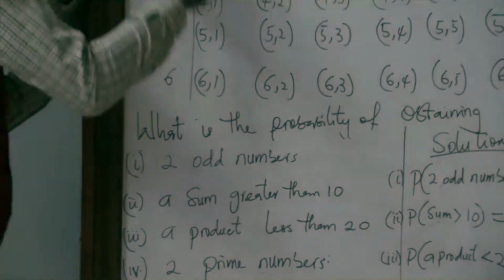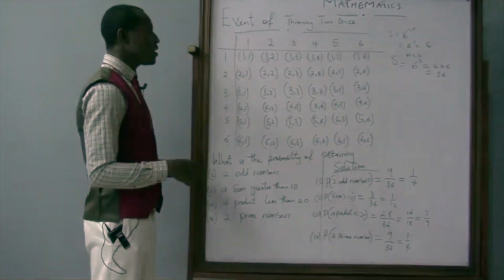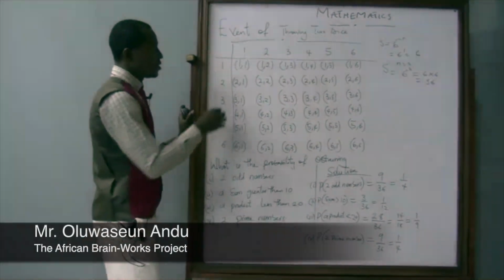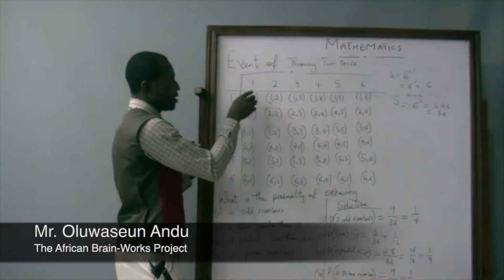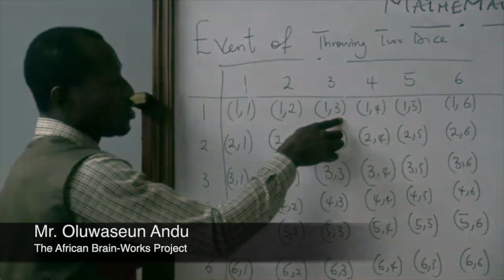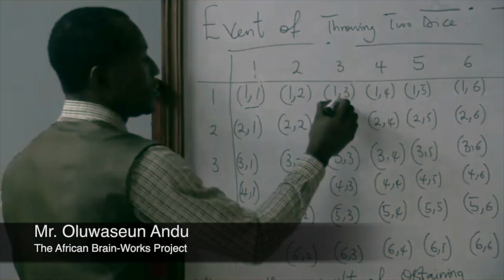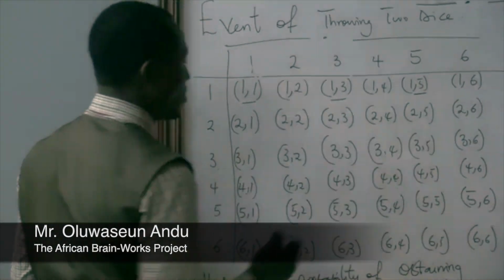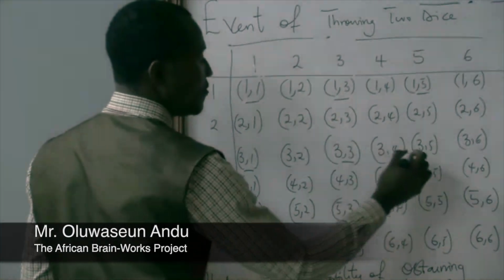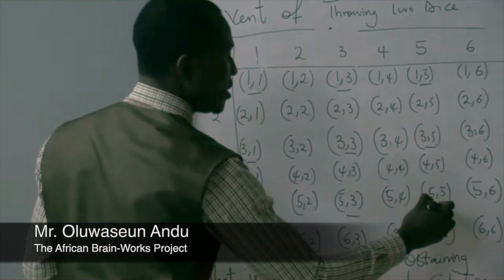So you just go to your sample space and find out how many are odd. 1 is an odd number, 1 is also an odd number, so the 2 are odd here. 1 and 3 are odd numbers, the 3 here is odd, so this is odd. 1, 2, 3, 4, 5, 6, 7, 8, 9.